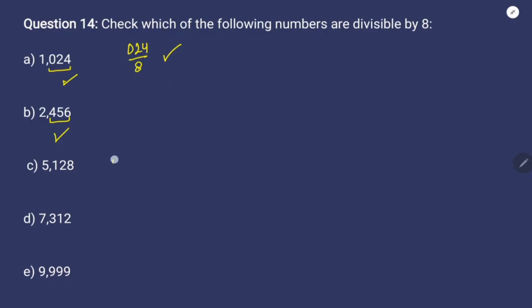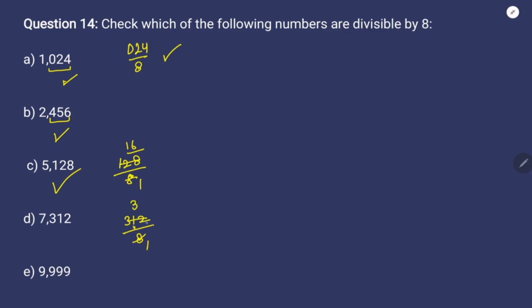So next we have 5128. I will take 128, divisible by 8. 8 ones are 8, right? 4 and then 48. 8 6s are 48. Is it divisible? Yes, right? 312, divisible by 8. 8 ones are 8 and 8 threes are 24, right?